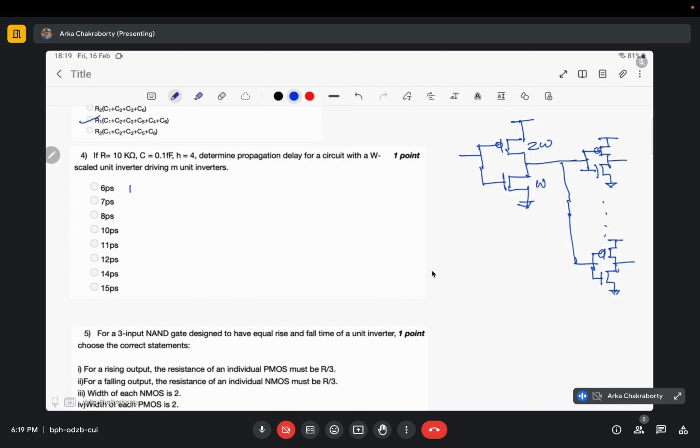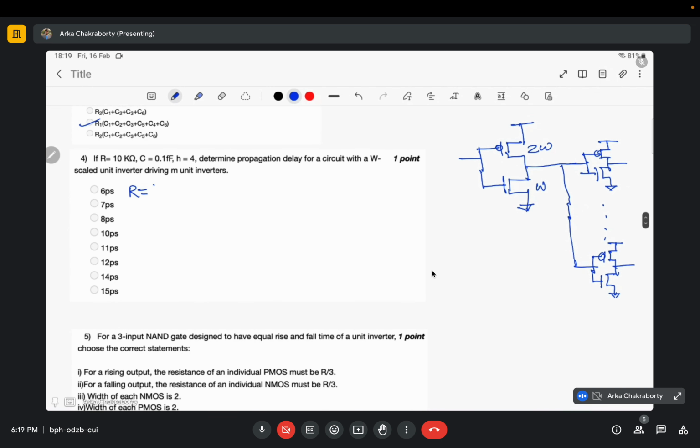Now R is given as 10 kilo ohm, C as 0.1 femtofarad, and H as 4. Sir has simply given us the formula: propagation delay is 3RC times (1 plus H), but let us see how it comes.